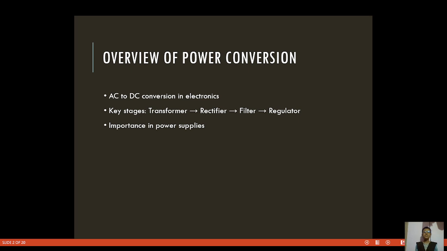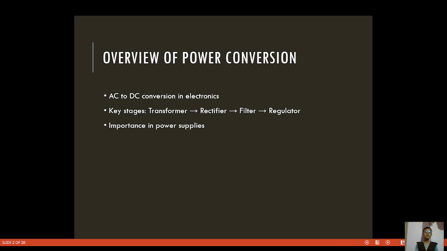The main job of the transformer is to adjust the voltage level, the rectifier converts the AC to DC, the filter smoothens the output, and the voltage regulator stabilizes the voltage. Each step plays a very important role in power supplies, ensuring a safe and reliable output for most electronic devices.